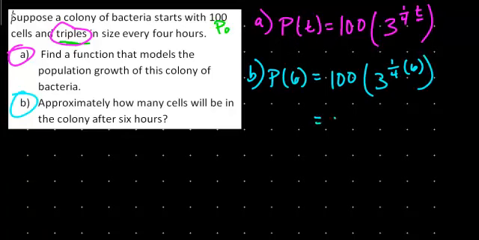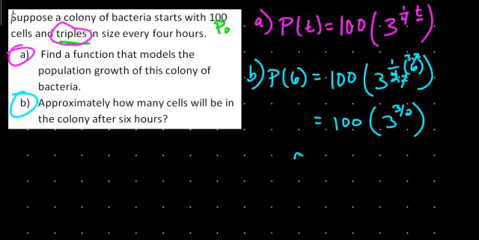And that's going to equal 100 times 3 to the, 1/4, so 4 is 2 times 2, 6 is 3 times 2, so that's going to leave me with 3 to the 3/2. That 2 cancels that 2 and leaves me with 3/2.